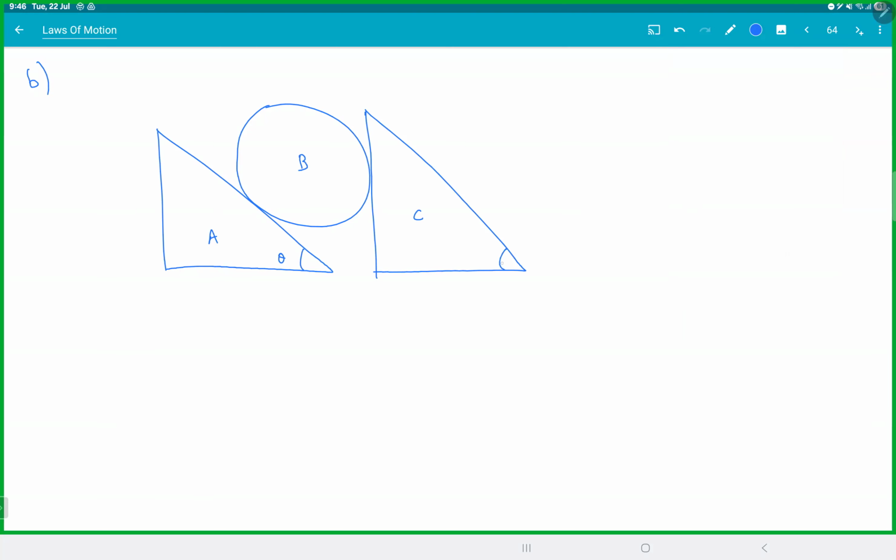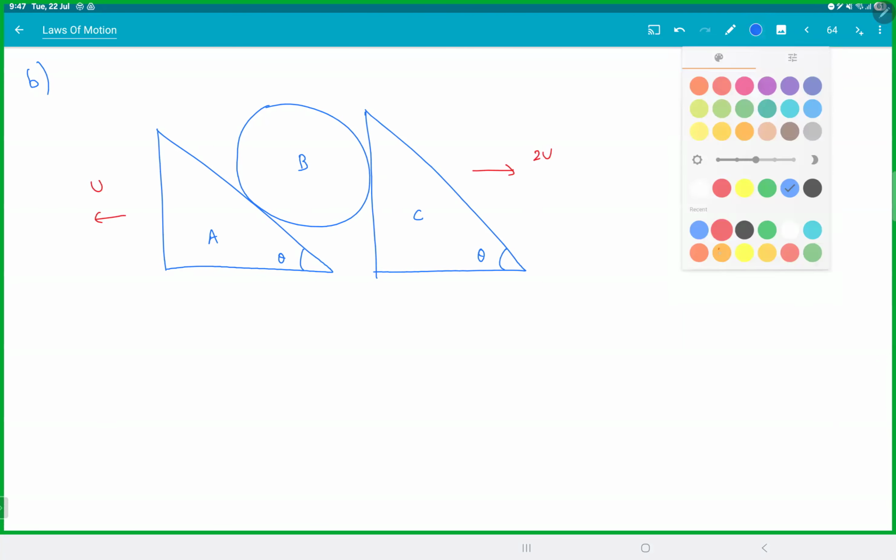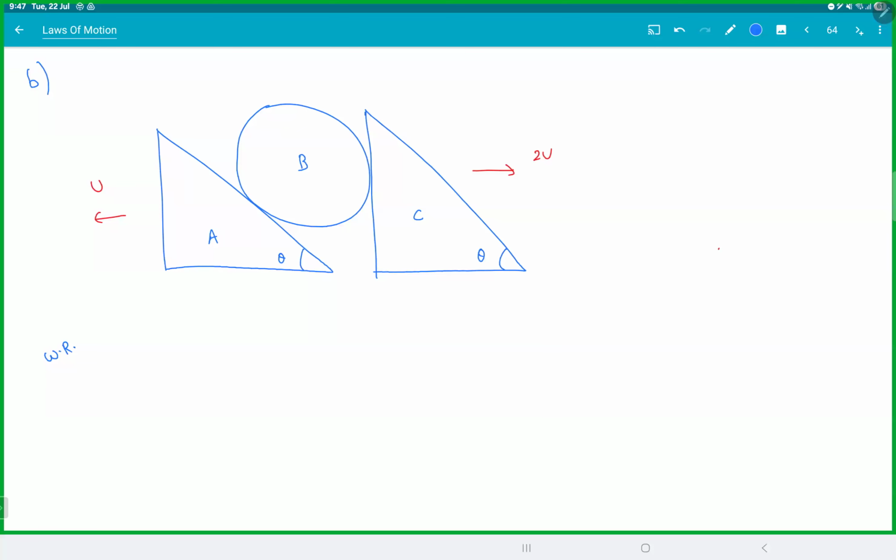This is theta, this is theta. This guy is going with 2u and this guy is going with u. So if I stop C, that means if I try to do the problem with respect to C, now this C will behave like a wall. This comes to rest. So a person standing here, he will think, okay, I am at rest.